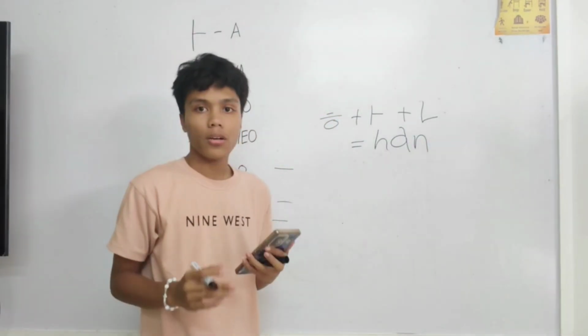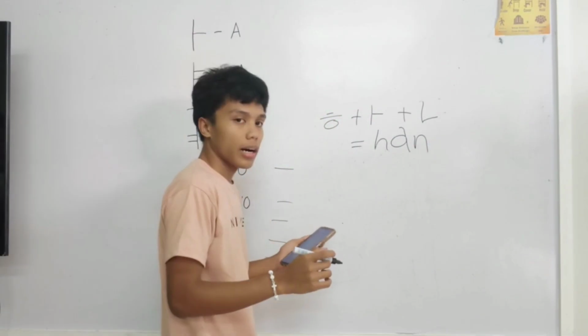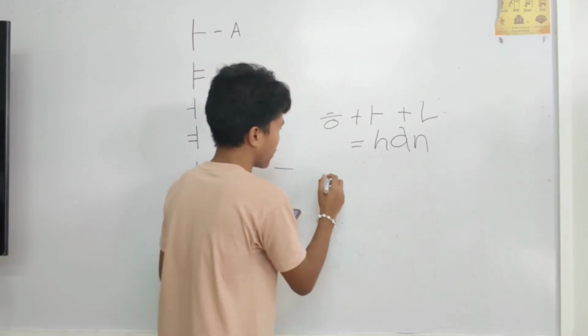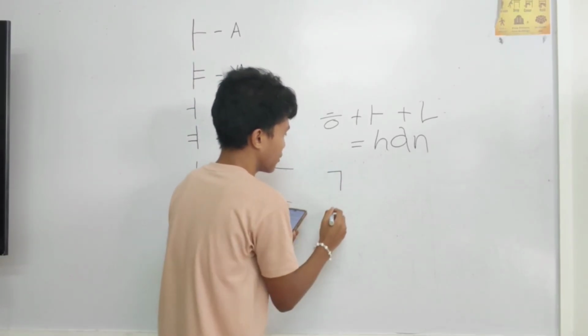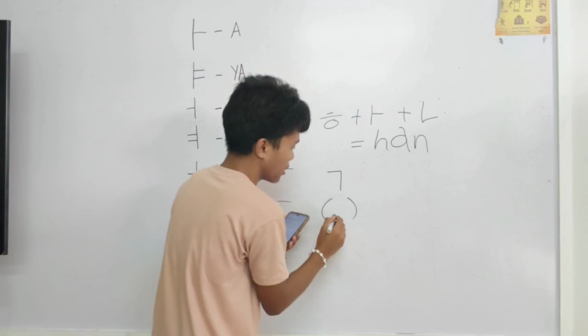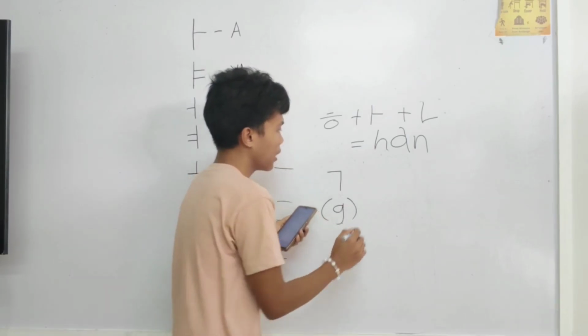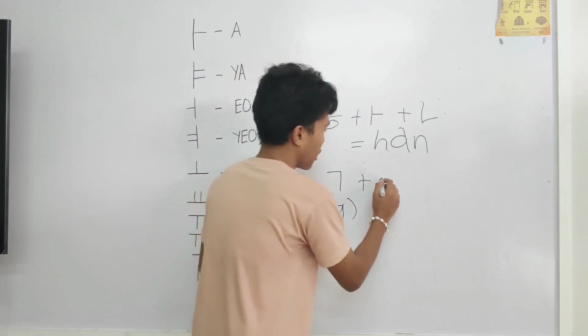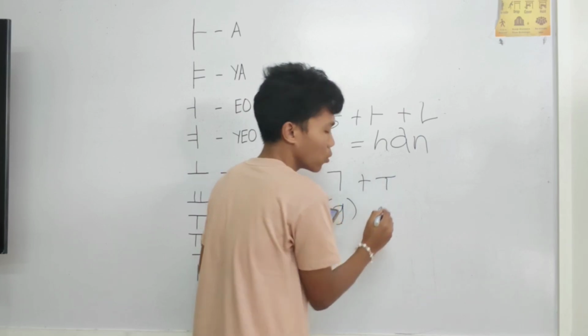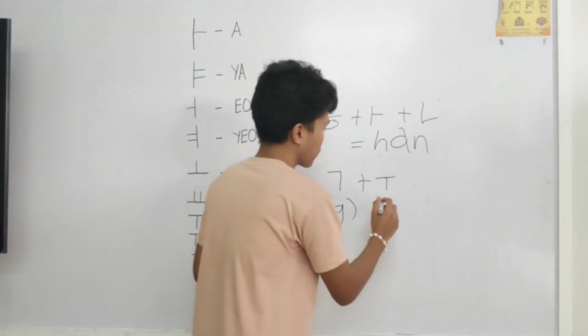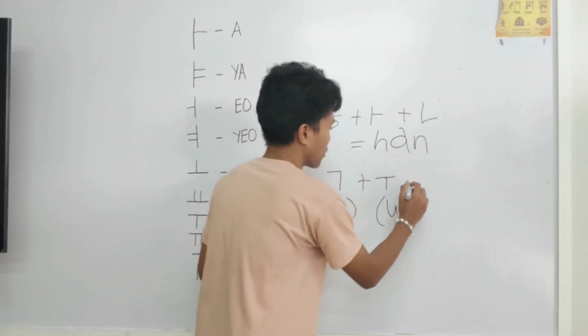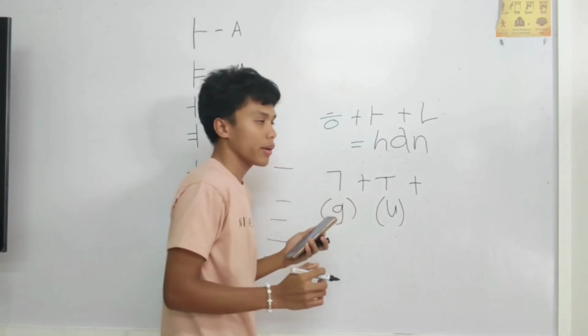And then for guk, we have the consonant G, plus the vowel U, and another consonant.